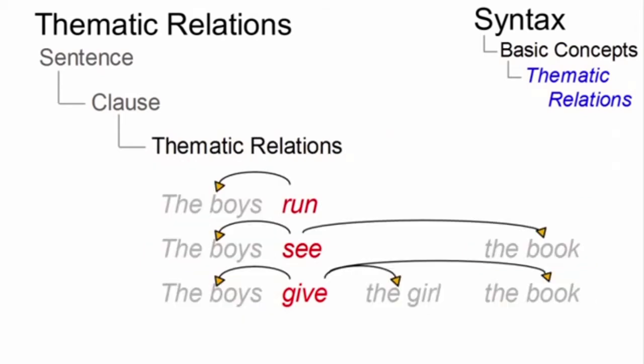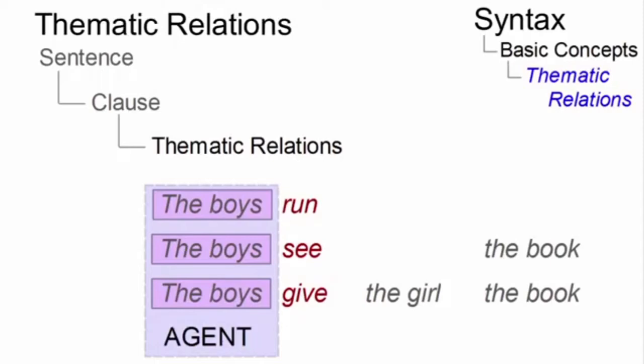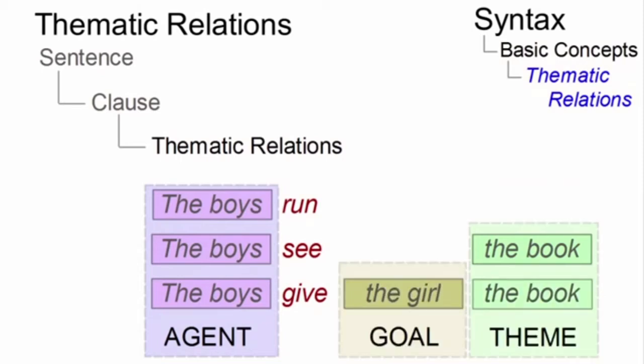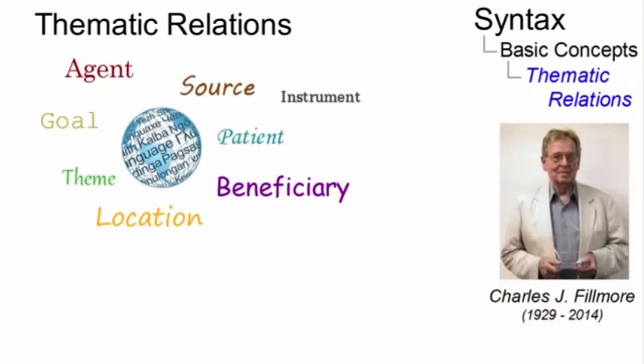Each verb determines its thematic relations. For example, in all three verbs, the subject, which is normally a noun phrase, must be an agent, that is, someone who deliberately performs the action. In see, we additionally have a theme, an element that undergoes the action but does not change its state, and in give we also have a goal to which the action is directed.